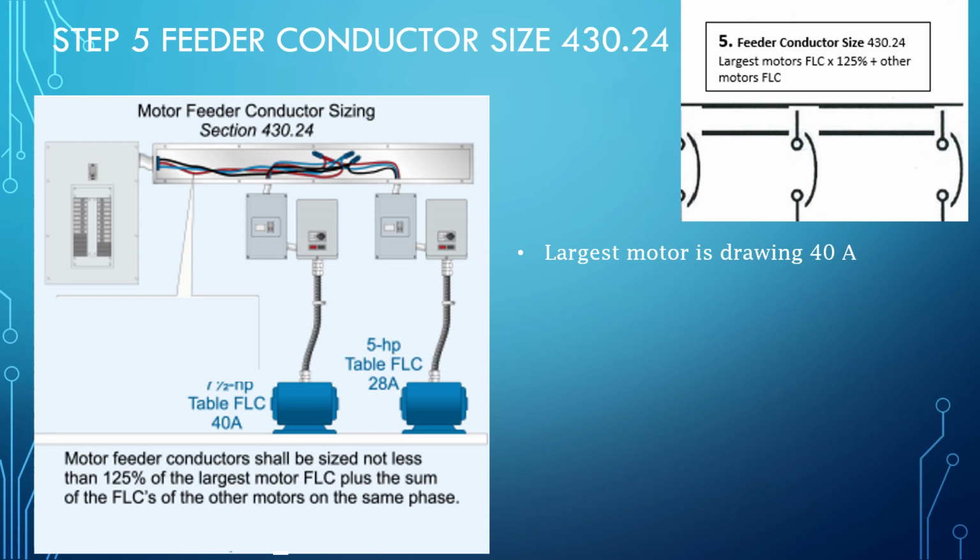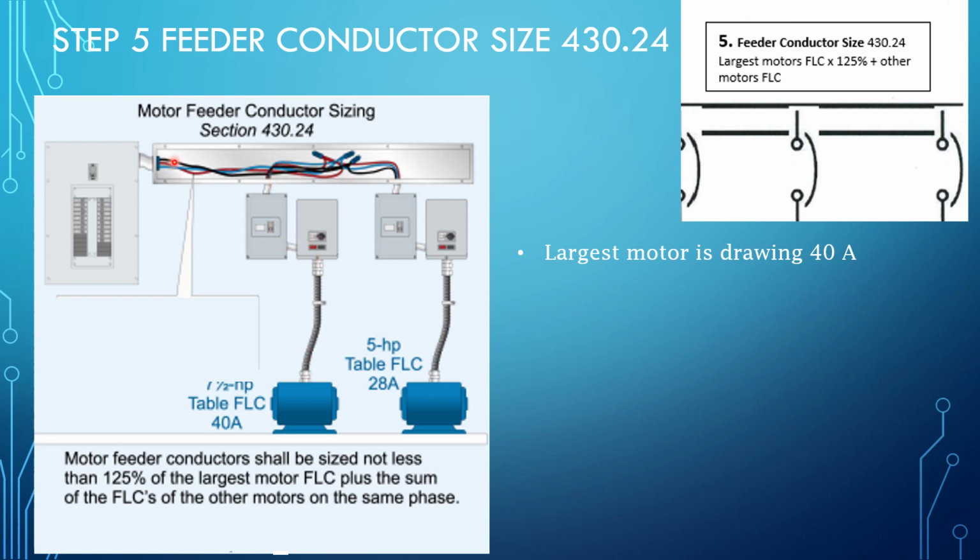Step 5 is feeder conductor size. This is going to be found in the code book 430.24. When we're dealing with feeder conductor size, we're talking about the wire that is going from our main panel at the beginning of the building that is feeding to our sub panels where each of our motors drops.